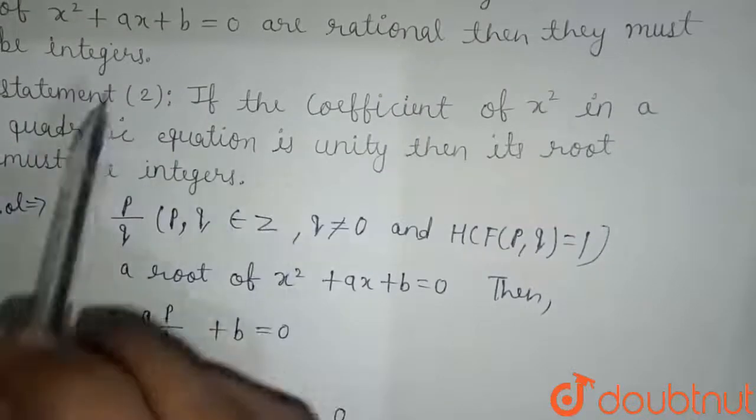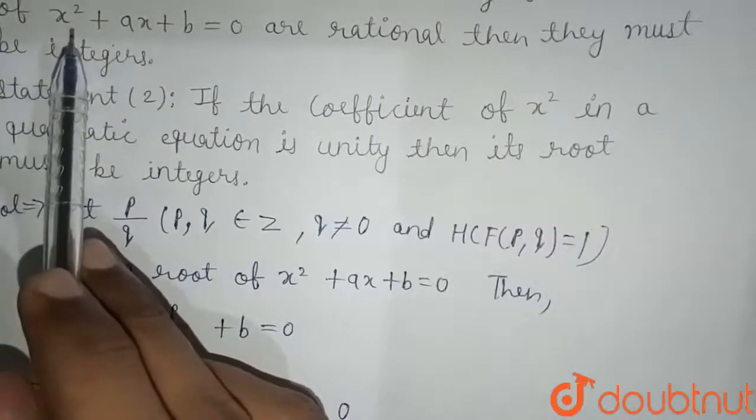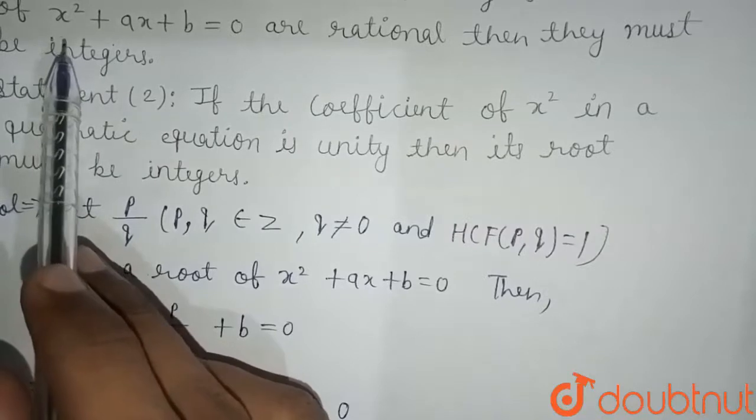So the coefficient of x square is 1, that is unity.